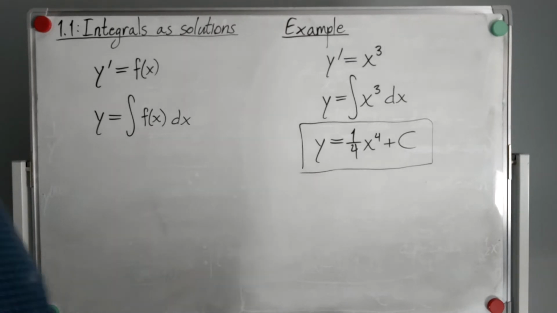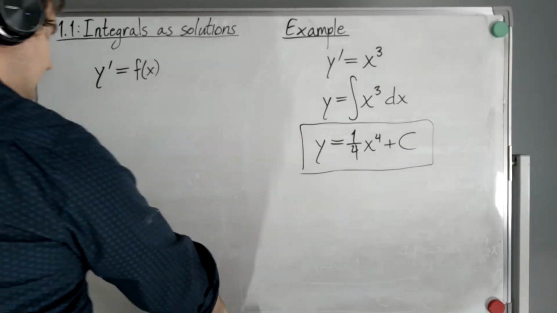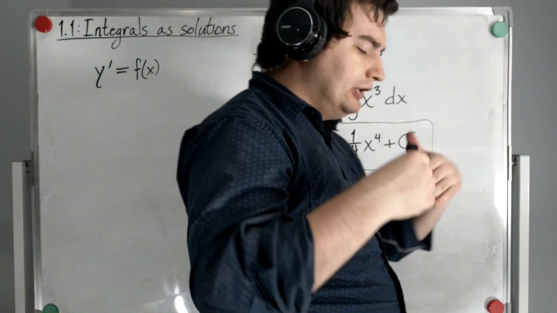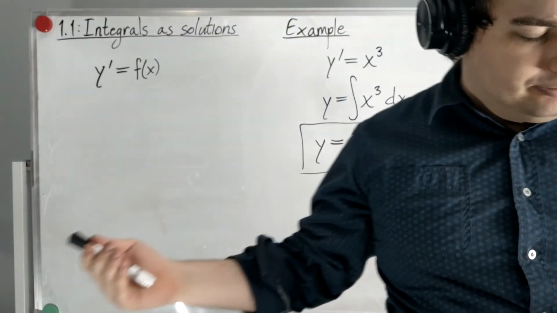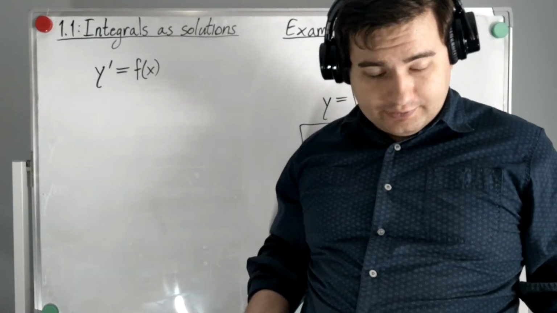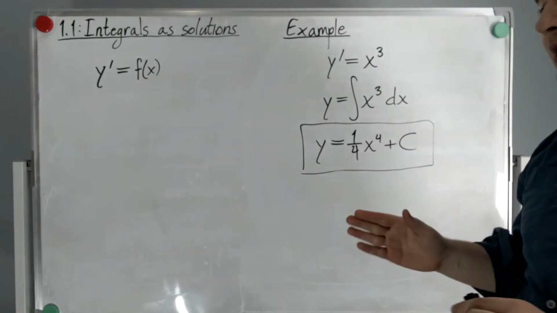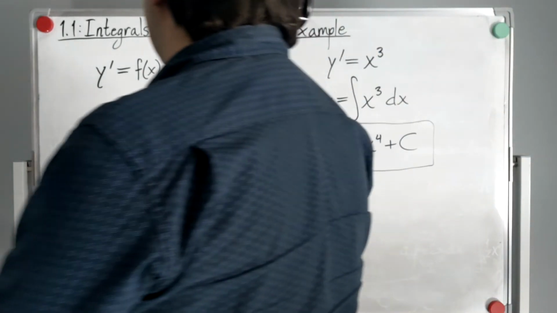Now there's one other type of problem that we'll be concerned with in this class. Not just finding general solutions, but also finding particular solutions that satisfy additional conditions. Those sorts of problems are going to be called initial value problems.